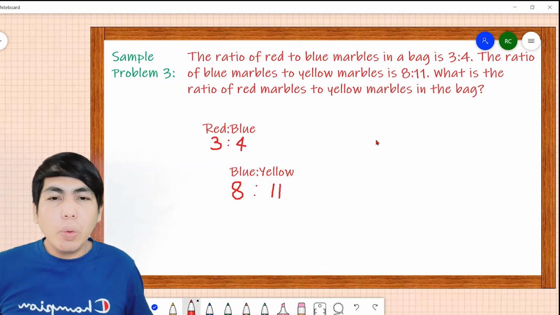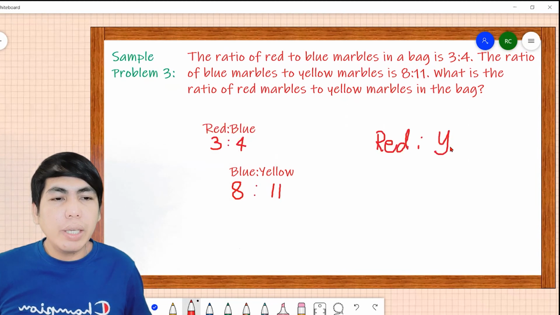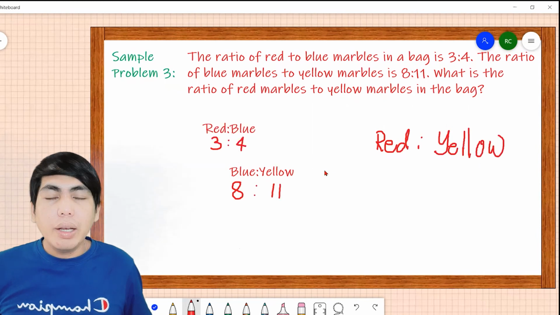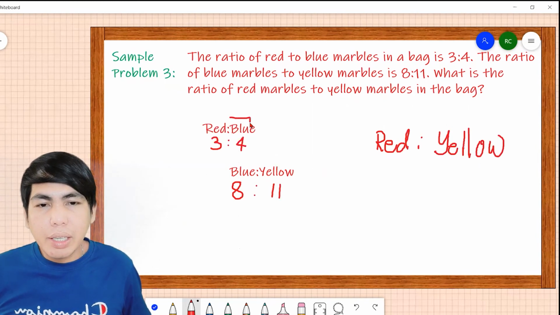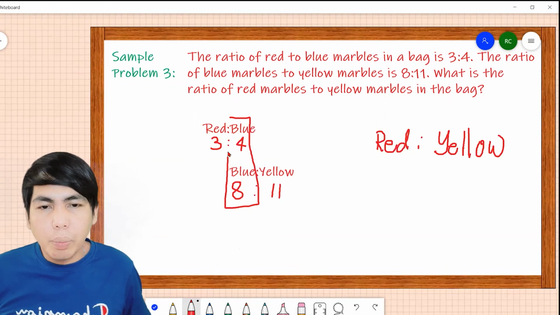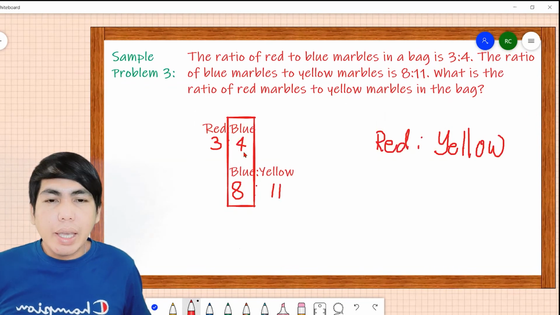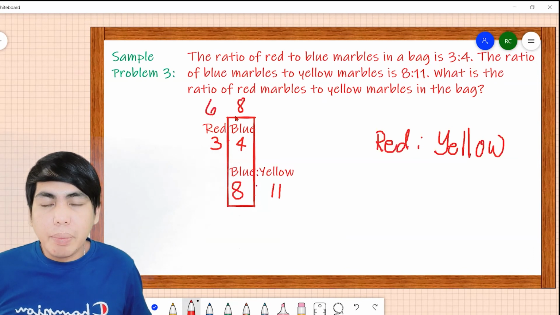Now, we are going to identify the ratio of the red marbles to yellow marbles. The first thing that we are going to do is to find the LCM of these blue marbles. The LCM of 4 and 8 is 8. If there are 8 blue marbles, meaning to say there are 6 red marbles.